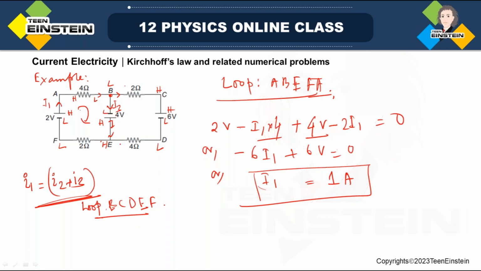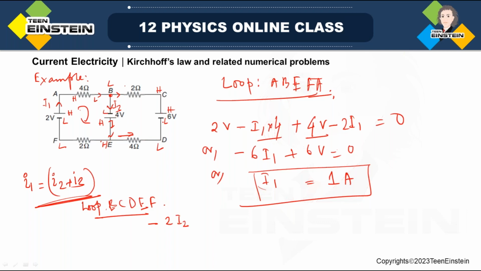See, look what we can write for this. Here low to high we are going, so we can write 2I2 minus.